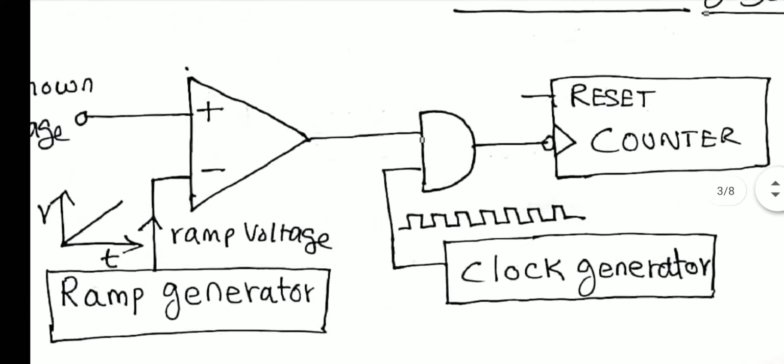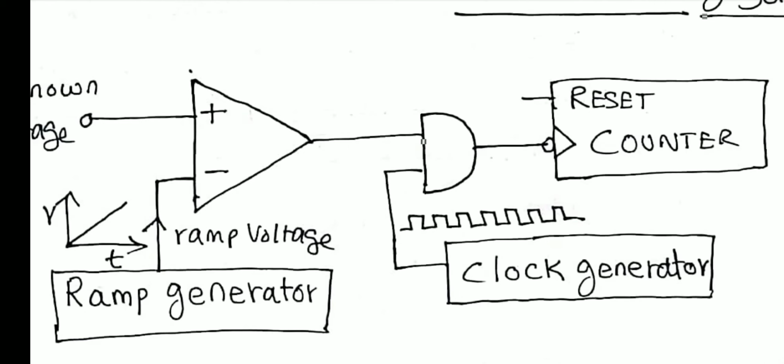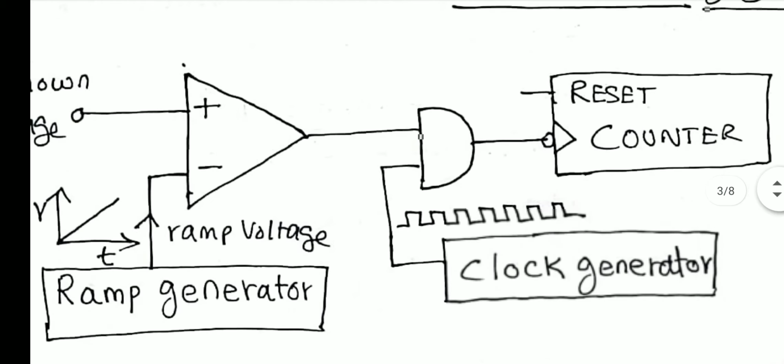It is basically a negative edge triggered counter. That means for the incoming clock pulse from the AND gate, for every negative edge of the pulse, the counter will increment the count value by 1. Initially the count value should be 0. For that we have to reset the counter.